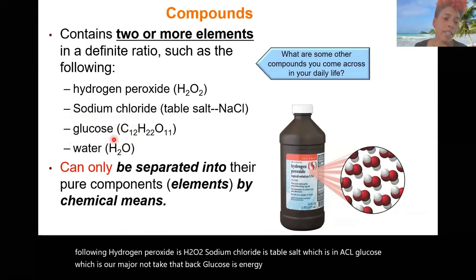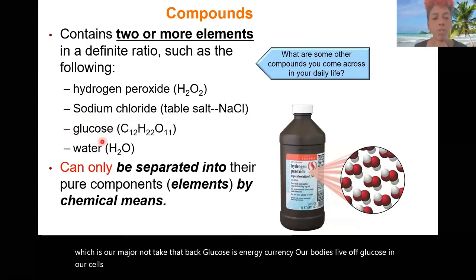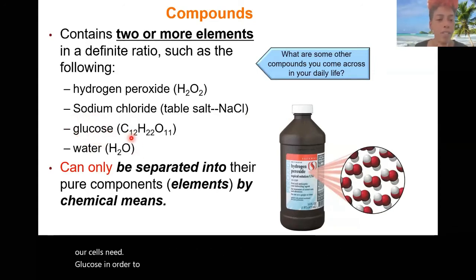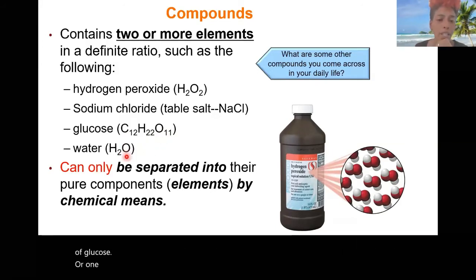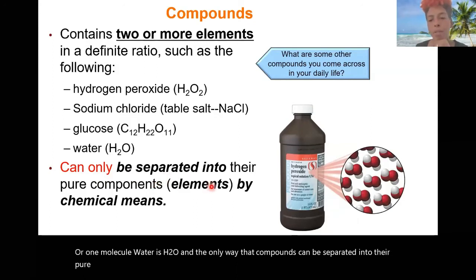Our bodies live off glucose and our cells need glucose in order to function. It has 12 carbons, 22 hydrogens, and 11 oxygen atoms in 1 unit of glucose, or 1 molecule. Water is H2O, and the only way that compounds can be separated into their pure elements is by chemical means.